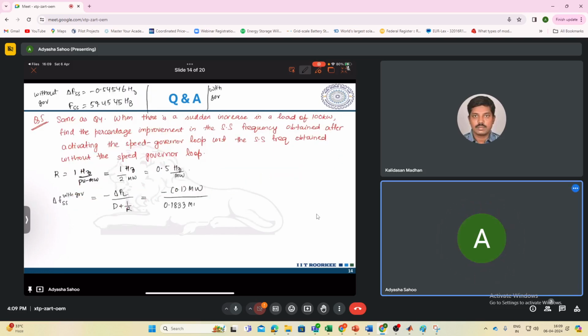Yes, megawatt per hertz, and R is 0.5 hertz per megawatt, which means 1 by R is 2 megawatt per hertz. So that will give us minus 0.045802 hertz.